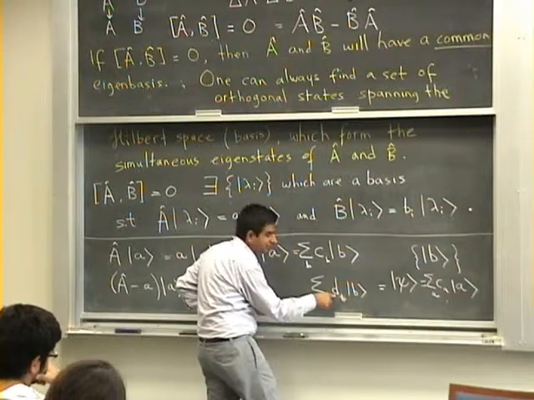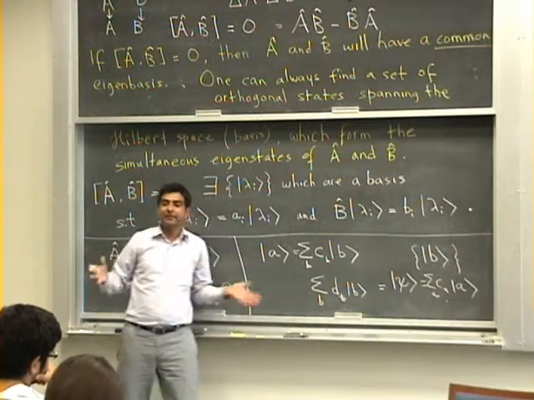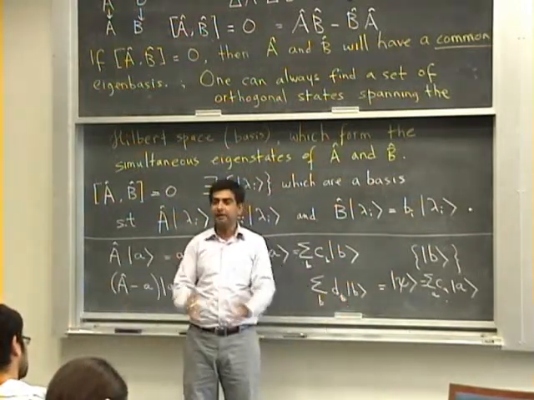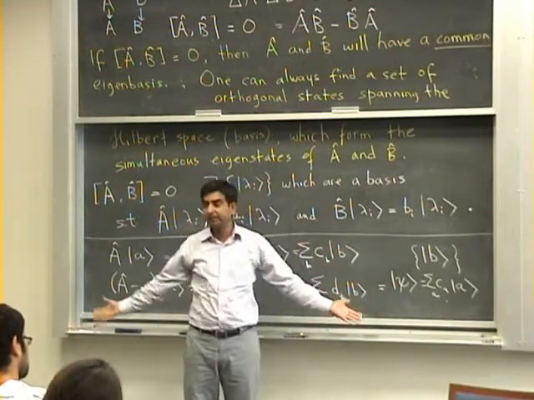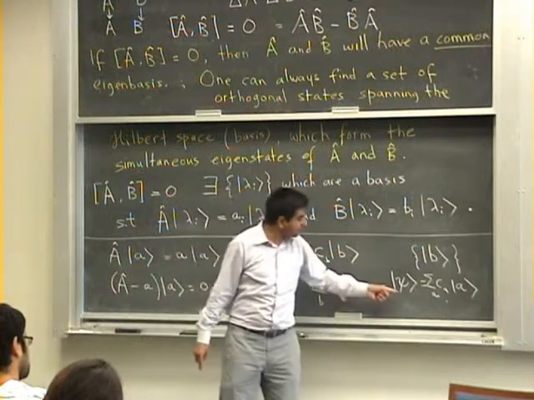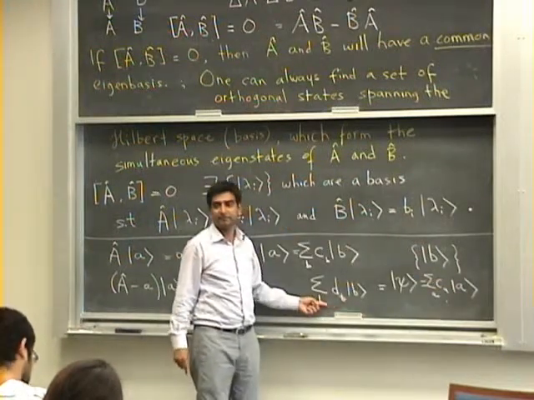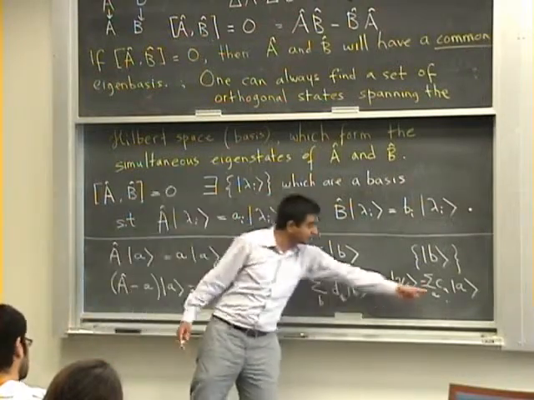Where these are the coefficients. So there's an infinite number of ways in which I can decompose a state. I choose a basis. A basis is basically a set of orthogonal states that completely span the Hilbert space, and I can decompose this vector either in this basis or in this basis. There's no harm in doing that. Only that these coefficients will change.